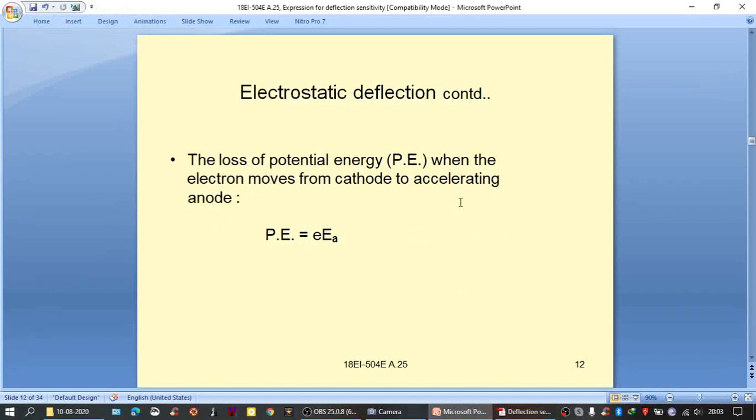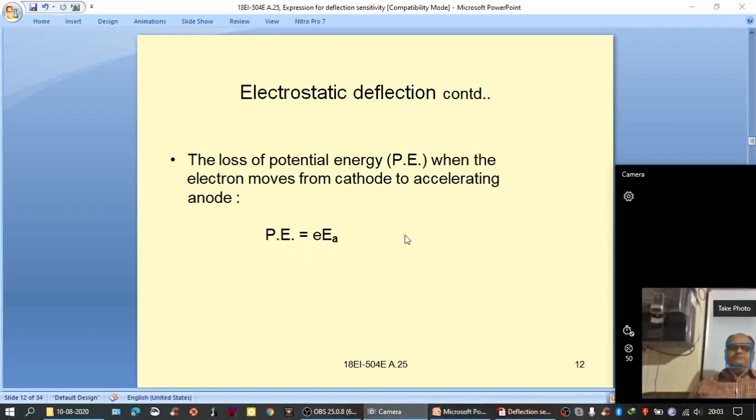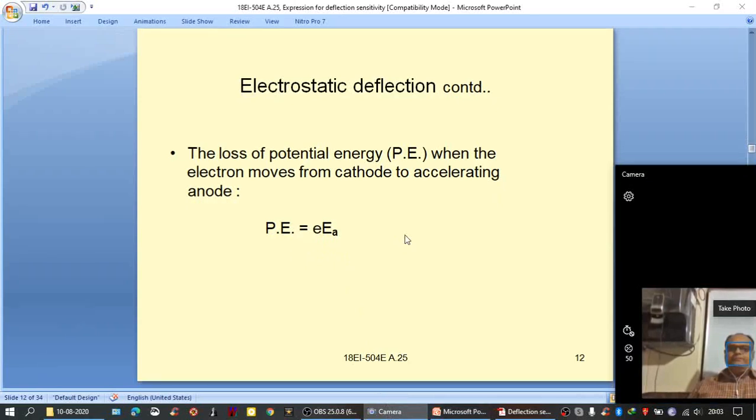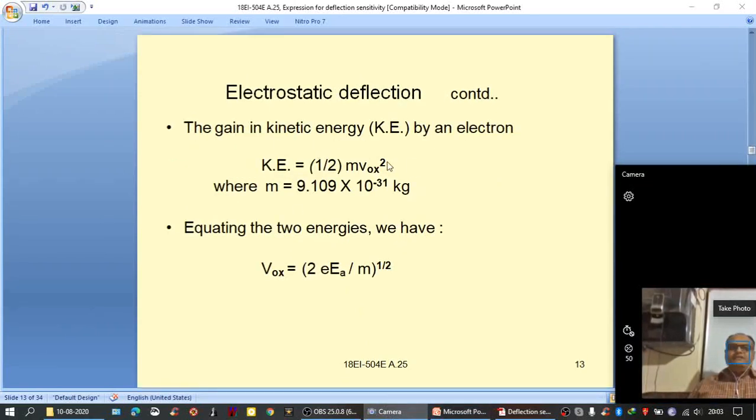The loss of potential energy when the electron moves from the cathode to the accelerating anode is E times EA. Similarly, the gain in kinetic energy by the electron is half m Vox square, where m is 9.109 into 10 power minus 31 kg.